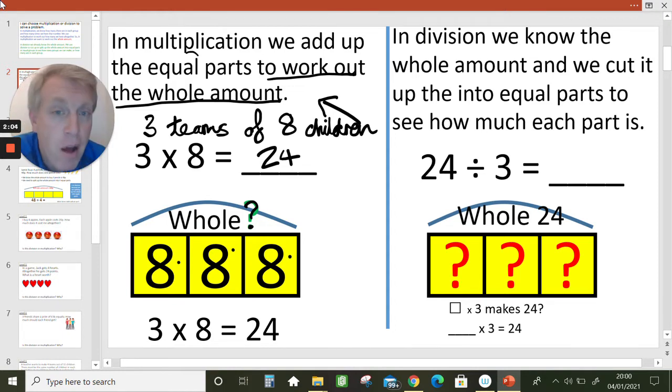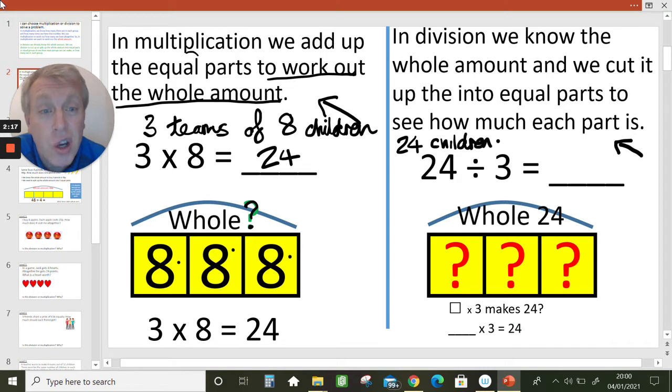But now look on the other side over here, thinking about division. Imagine that we had 24 children and we wanted to put them into 3 teams. 24 children put into 3 teams.